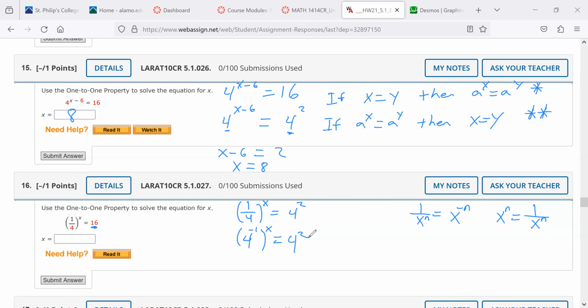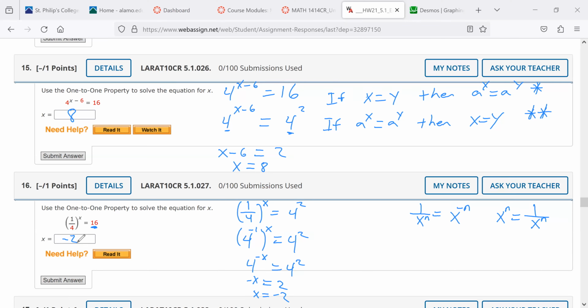Almost there. Now I have a power to a power, so you multiply, right? When you have a power to another power, you multiply. So now I can say negative x is equal to 2. So x is -2. So the rules of exponents will be very helpful in this section.